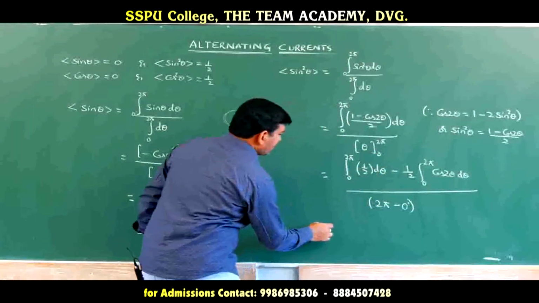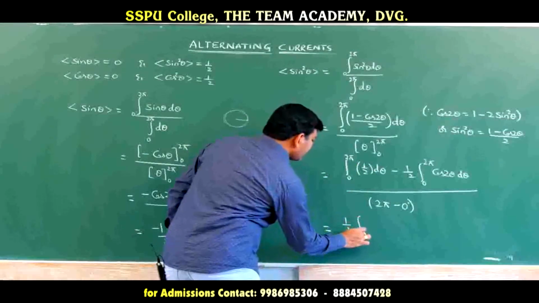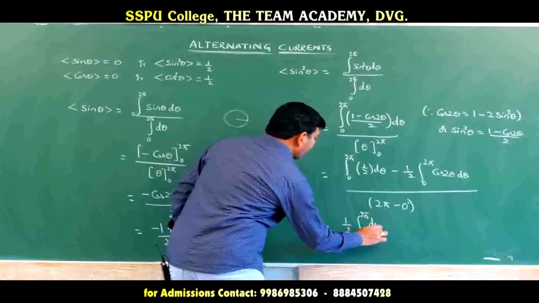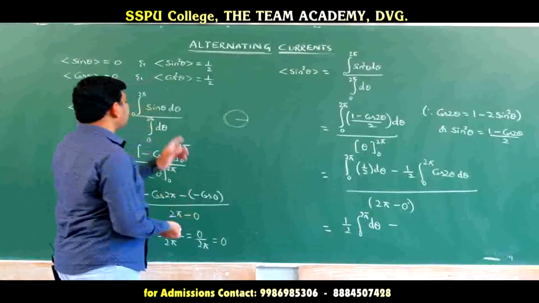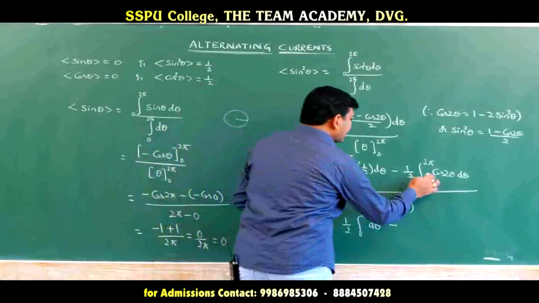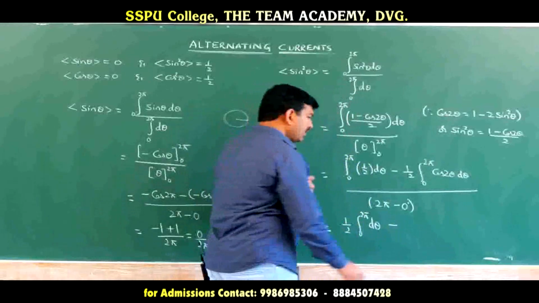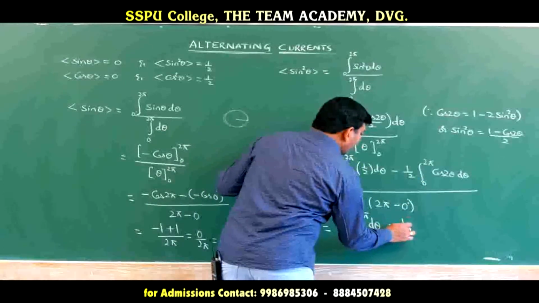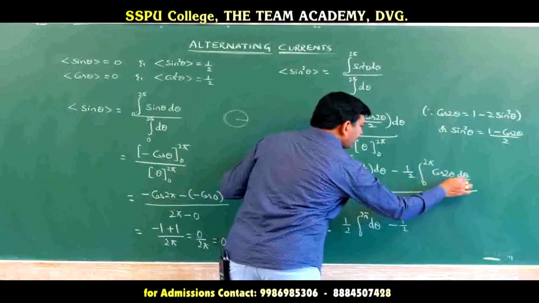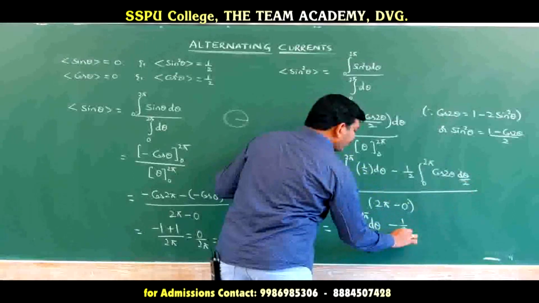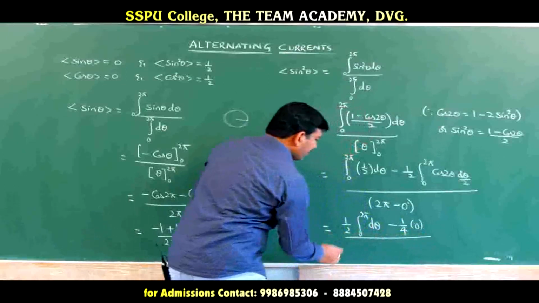So here half I can write outside: integral 0 to 2 pi d theta, minus the integral 0 to 2 pi cos 2 theta d theta, which is just like the earlier case. That is nothing but 0. Therefore I am directly substituting here: half, so I can multiply by 2 and divide by 2. Then this is 1 by 4 into this overall integral value, which will be 0, divided by 2 pi.